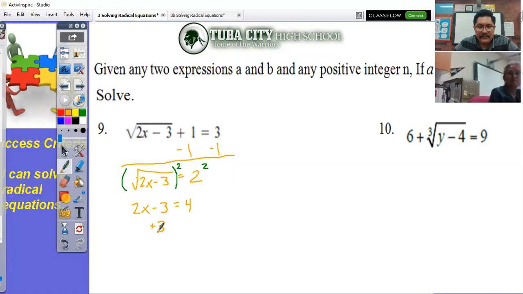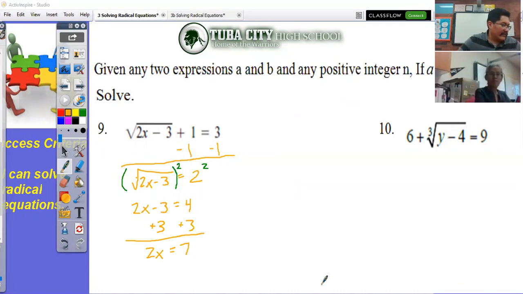Plus 3, because again we've got to get that x by itself. So I've got to get this 3 out of here. And I'm going to have to add 3 to this side. So I get 4 plus 3, which is 7. Now what number can I multiply by 2 to get 7?